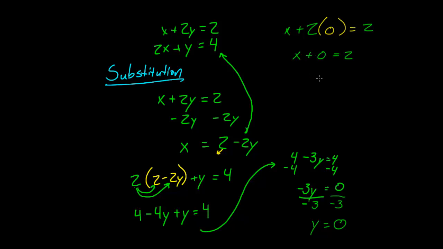X equals 2. I'm going to rewrite my solution set. We're going to have a 2 and a 0. Now, if you look back at what we did, or remember if you didn't happen to write that down, 2, 0, that is our solution.